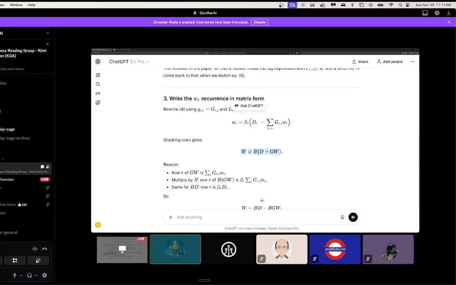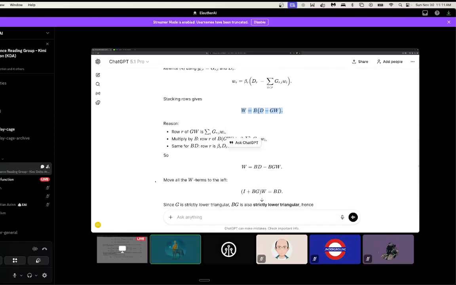Okay. So now we've got this nice matrix expression for the stacked W's. And basically what we do now is we just solve that for W. Just distribute the B's over, so we get this.